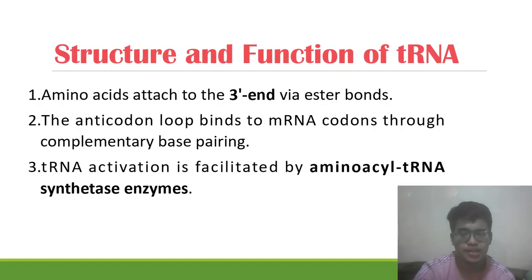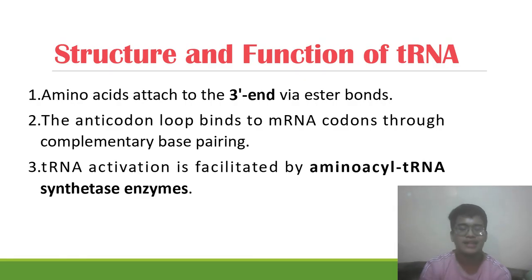So we're done with the structure of the tRNA, and now let's find out what the functions of tRNA are. First, the amino acids attach to the 3' end via ester bonds, or the amino acids attach to the open end of the tRNA. And second, the anticodon loop binds to mRNA codons through complementary base pairing.